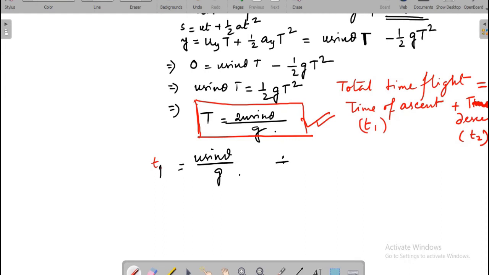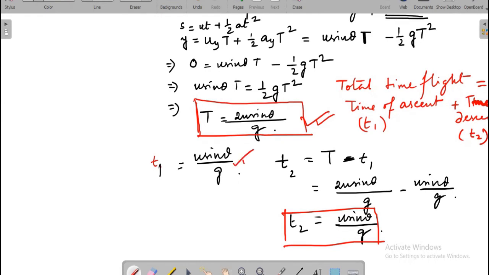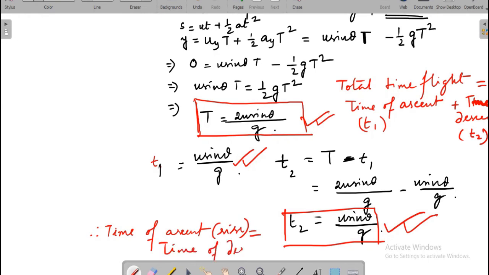Now T2 is equal to T minus T1. So it is 2u sine theta by g minus u sine theta by g. So it becomes u sine theta by g. This is our T2, time of descent. So we can see that time of ascent is equal to time of descent. Therefore, time of rise is equal to time of descent of a projectile.